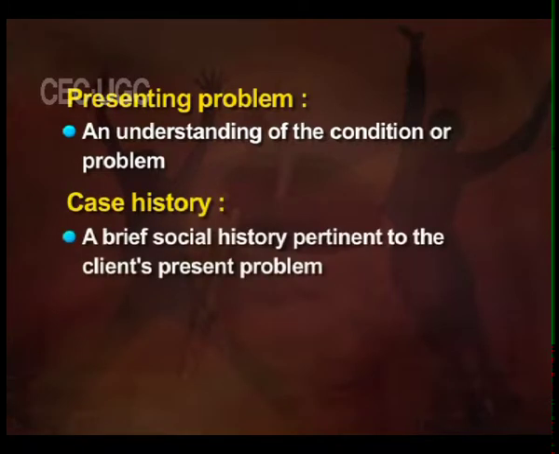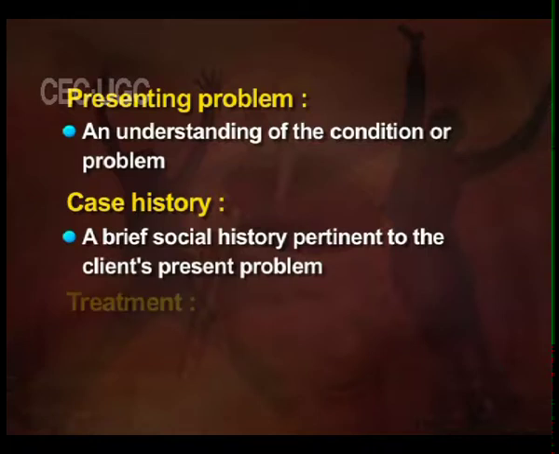A typical case report follows this format, including elements such as the presenting problem, which provides an understanding of the condition or problem. Then you have the case history, which gives a brief social history pertinent to the client's present problem.